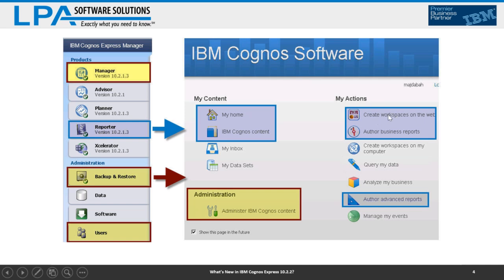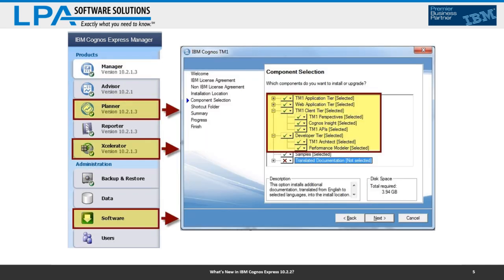So create workspaces is Cognos Workspace. Author business reports is Cognos Workspace Advanced. Author advanced reports is Report Studio. So there is a direct mapping between all of the Reporter functionality you're used to and the enterprise tool. Plus, you've got this new administration area of the enterprise tool that replaces a lot of, but not all of, the functions in Manager. Most specifically, it doesn't replace this notion of users. That's done through a separate authentication source.